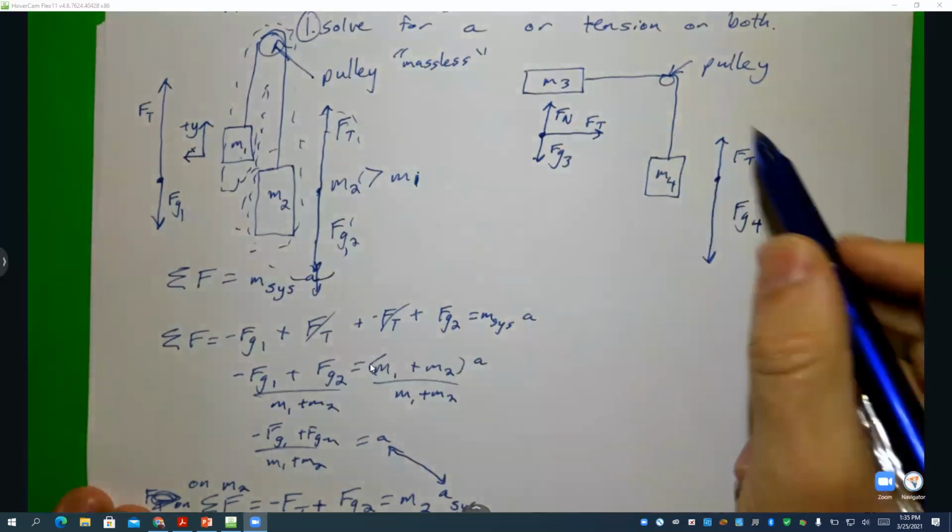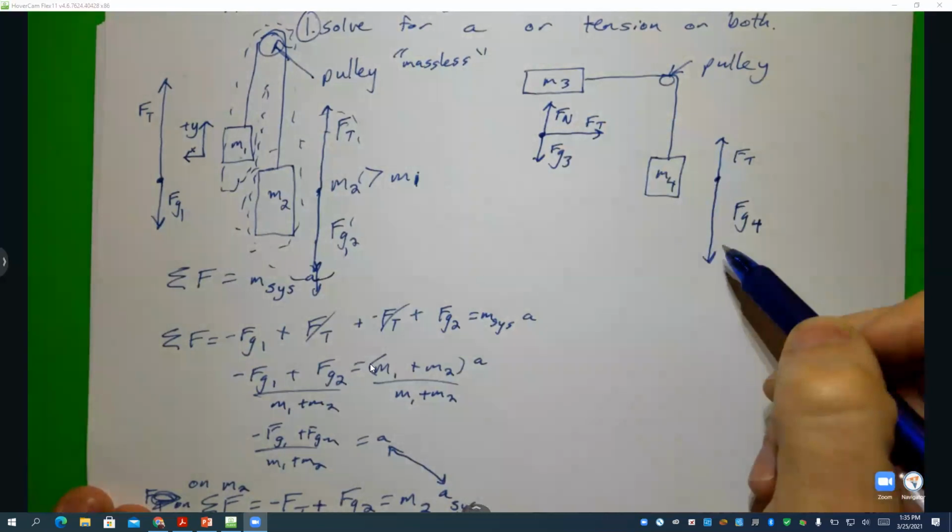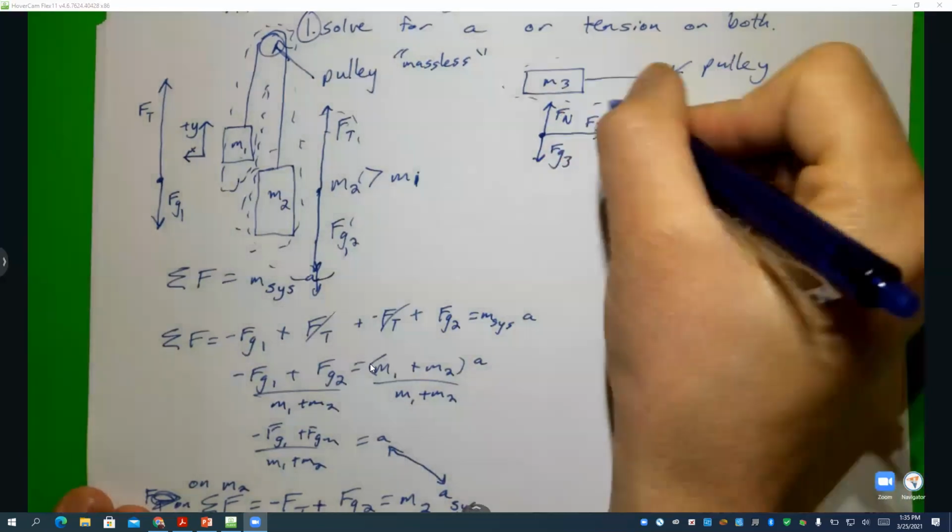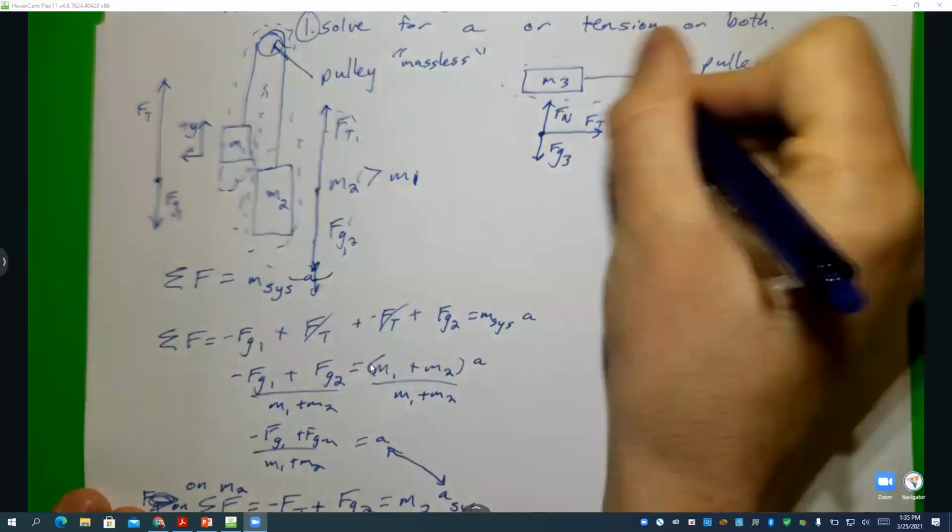So if this is the case, we combine all the system together, and we want to figure out the acceleration.